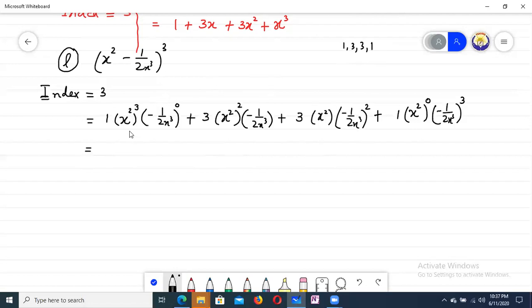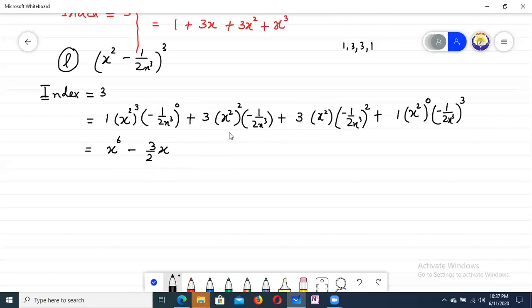How can we simplify here? This is x square whole cube, which will be x raised to the power 6. Here anything raised to the power 0 is equal to 1. Plus, in this term, minus into plus is minus 3 as it is, divided by 2 as it is. Here x square all square is x raised to the power 4. X raised to the power 4 divided by this x cube will be only x.